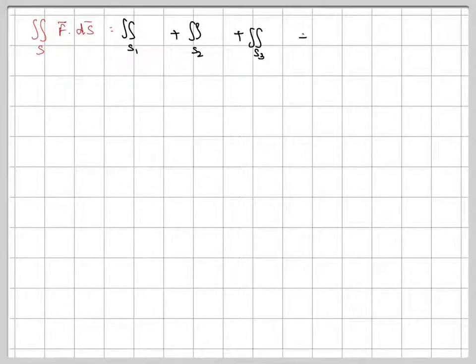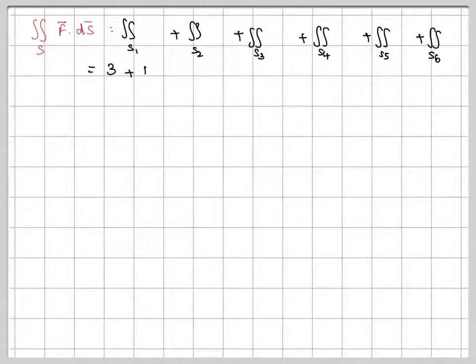So we get double integral over S of F dot dS, which is the integral over S1 plus the integral over S2 up to the integral over S6. Substituting the values that we got, it is 3 plus 1 half plus 1 plus 0 plus 0 plus 0, which is 9 halves.